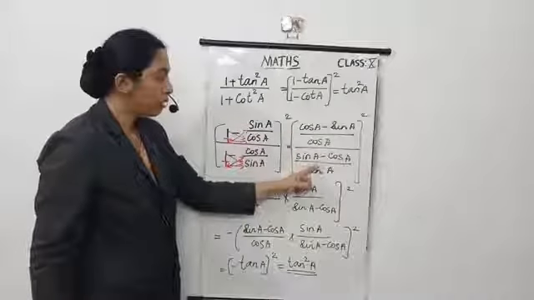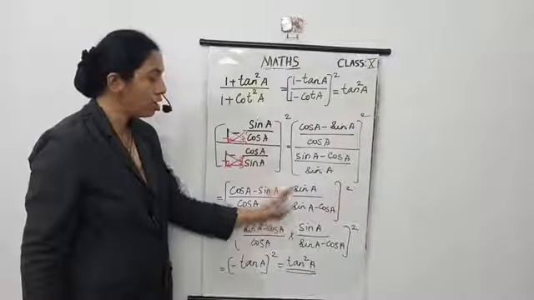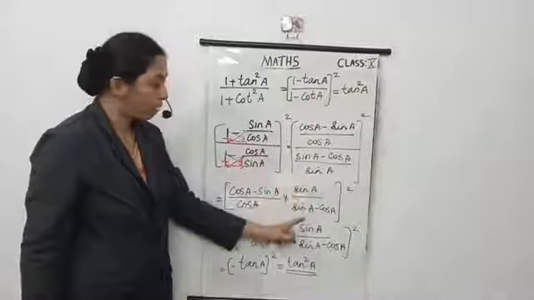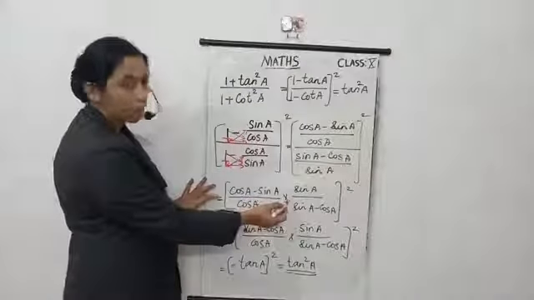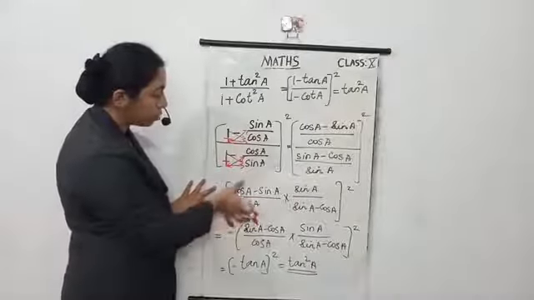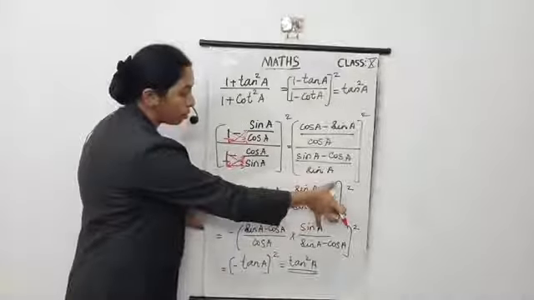Now a fraction by a fraction means that numerator fraction into reciprocal of denominator fraction. So write its reciprocal and make it as a multiplication. So this is numerator into reciprocal of denominator whole square.